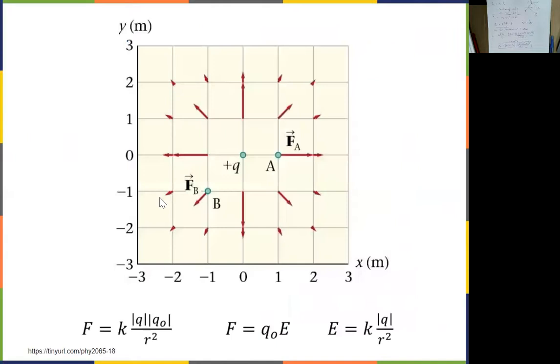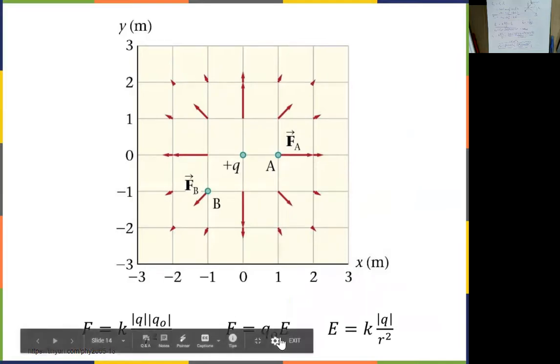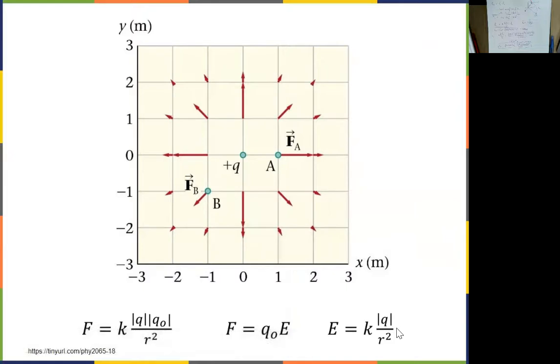If you have a charge q in space, then the surrounding space will have an electric field. The magnitude of the electric field is equal to kq over r squared, similar to GM over r squared. That comes from the force being equal to kq q0 over r squared, where q0 is a test charge.